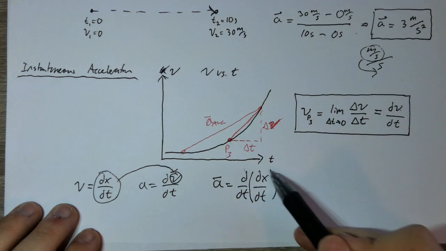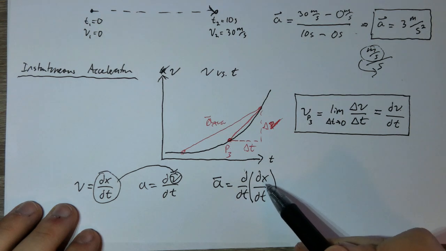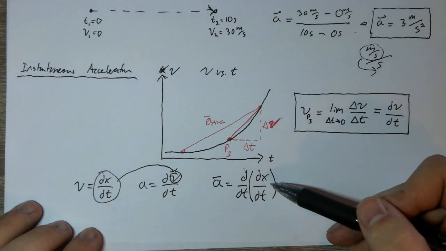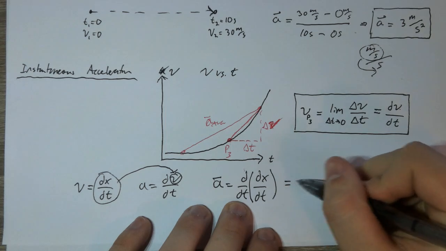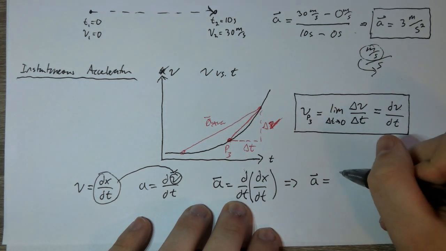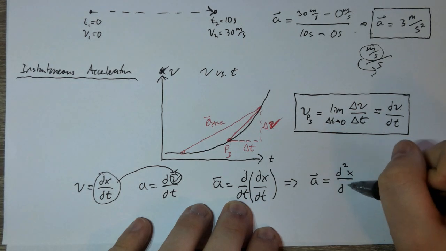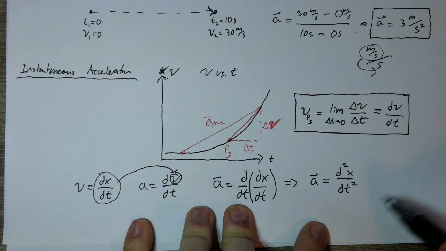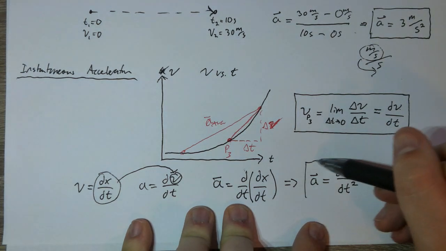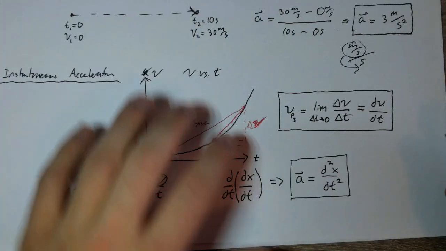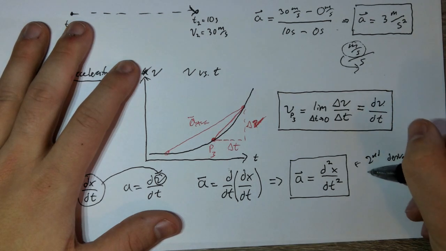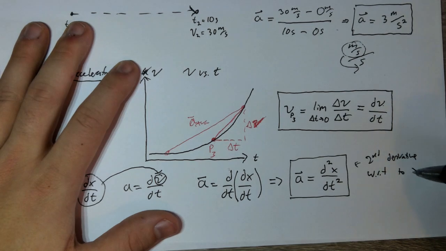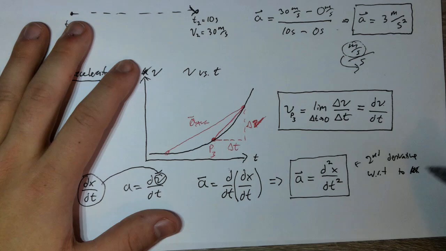So we've got the time derivative of the time derivative of x. And this is called a second derivative. So I can write it like this: d squared x over dt squared. So this is the second derivative of x with respect to time.